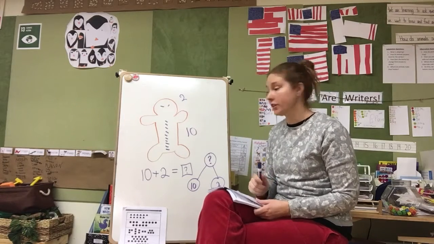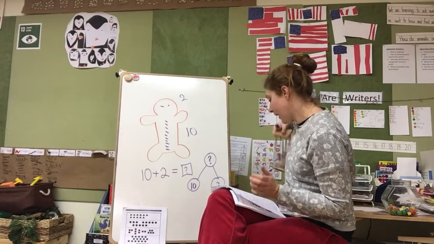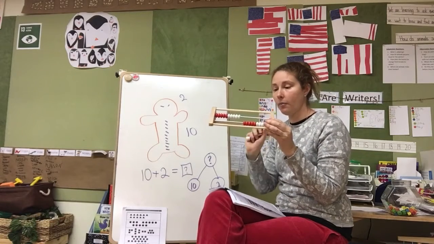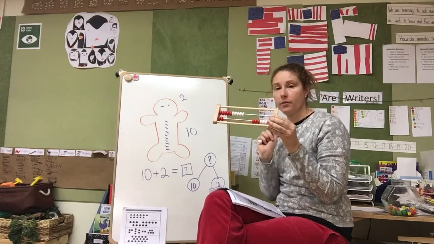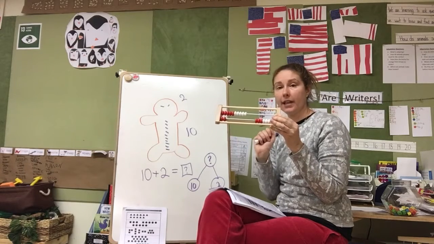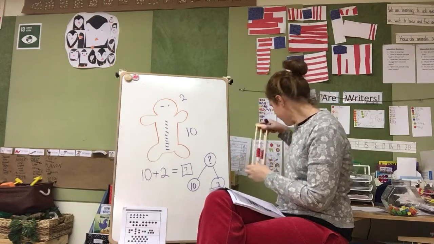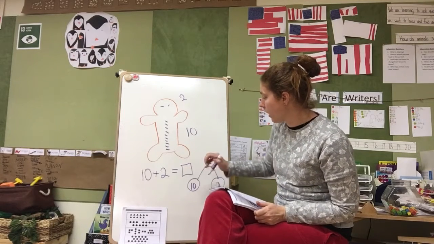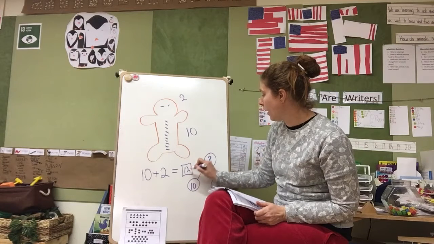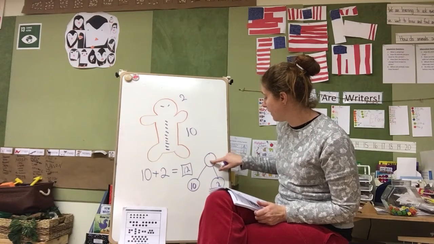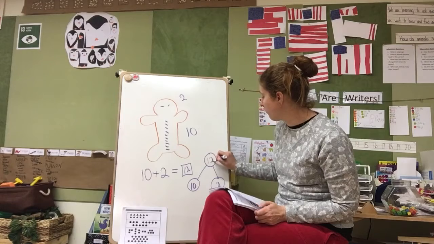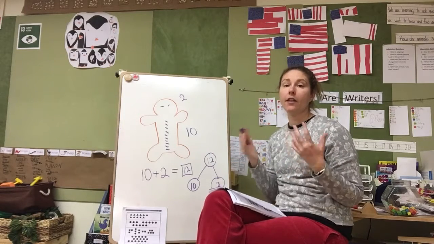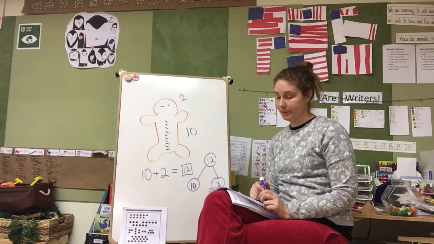The shortcut is just a little bit of a helping tool. 10 sprinkle buttons, 2. 10 and 2 is 12. So our mystery number is no longer a mystery. Our gingerbread person has 12 sprinkles. Between the buttons and the eyes together, there's 12 sprinkles on your cookie.